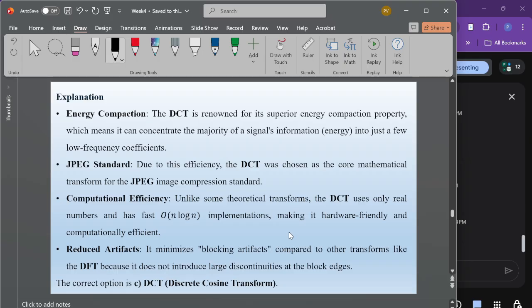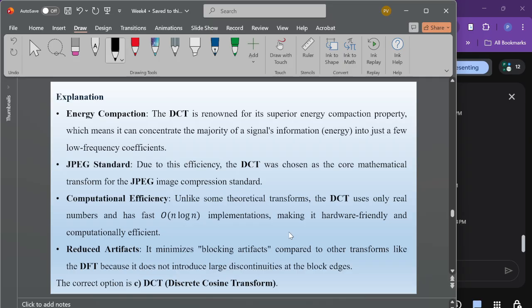Unlike some other theoretical transforms, the DCT uses only real numbers and has a fast n log n implementation. The number of parameters is also less, which makes it hardware friendly and computationally easy. It also reduces artifacts. It minimizes blocking artifacts compared to other transforms like DFT, and DFT has very long mathematical equations.